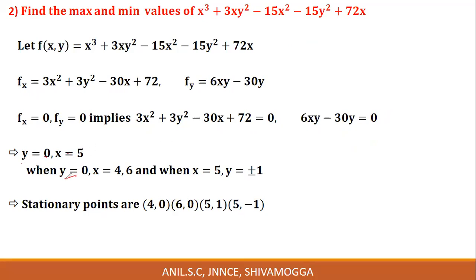When y is equal to 0, what happens here? 3x square, y is equal to 0, therefore this is 0, minus 30x plus 72 is equal to 0. Here 3 is common in all the three terms. You can divide the equation throughout by 3. Resultant will be x square minus 10x plus 24 equal to 0. Just factor this equation.